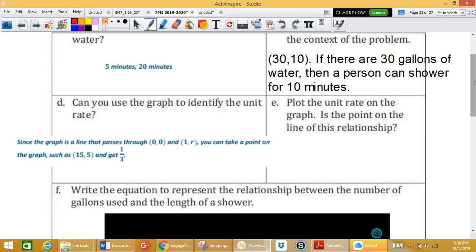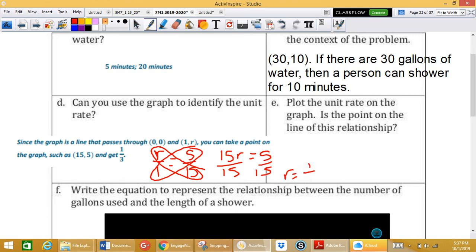So we're going to have r over 1 equals 5 over 15. Cross multiply. So then I know that 15r equals 5. Divide each side by 15. So r equals 1/3 of a gallon of water per 1 minute.